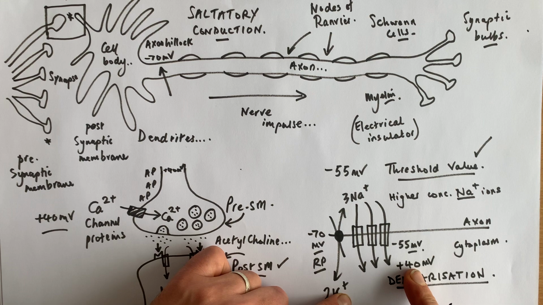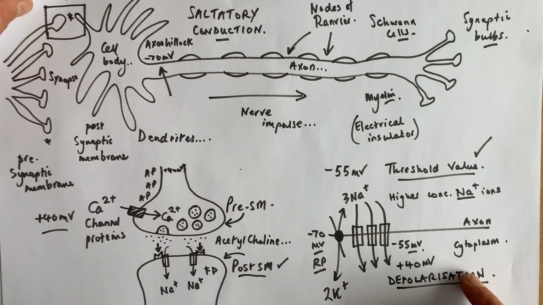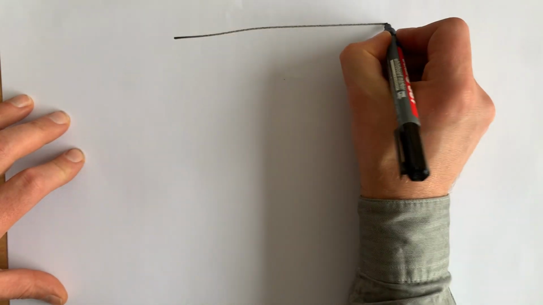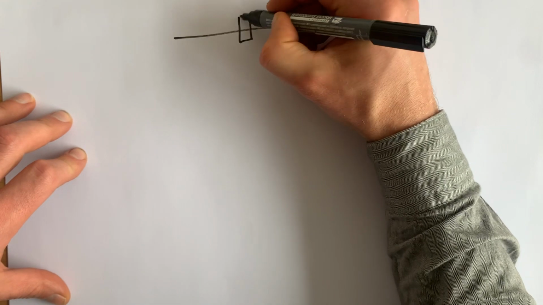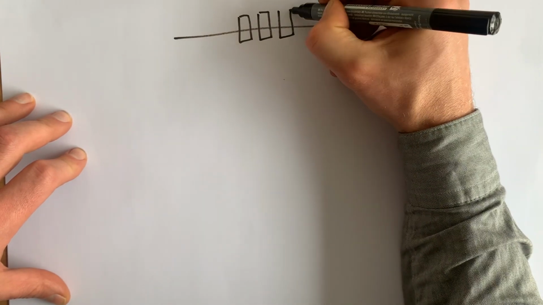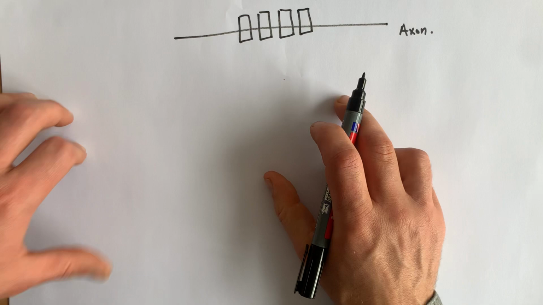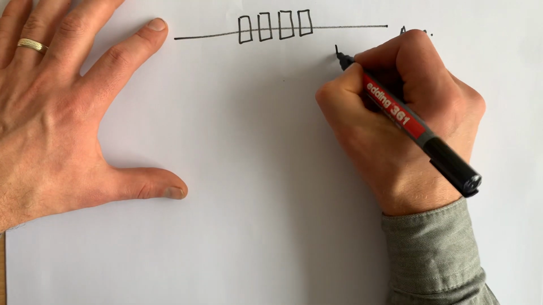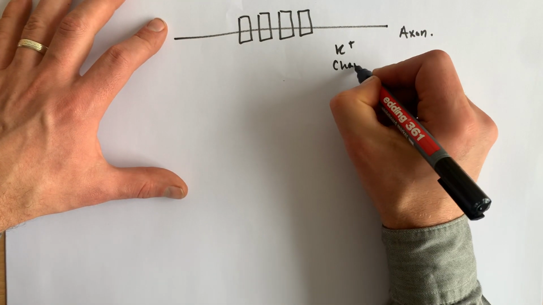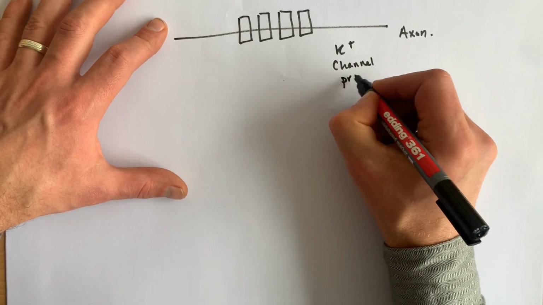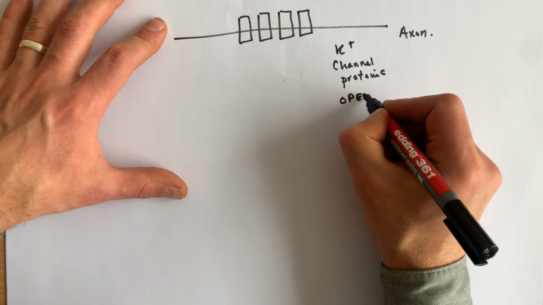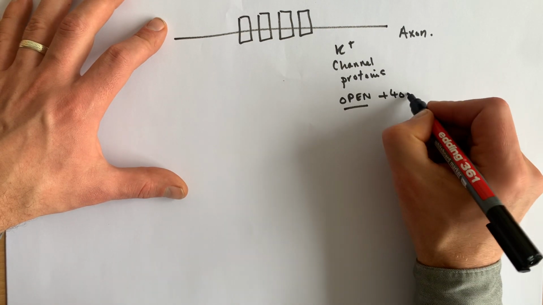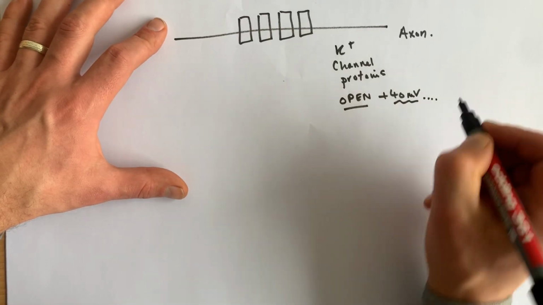Now at plus 40 millivolts, what we actually now find is, so I'll just do the axon membrane again here at the top. There's other channel proteins, and these are now potassium channel proteins at that point in the membrane. And they open at plus 40 millivolts when the sodium channels close.